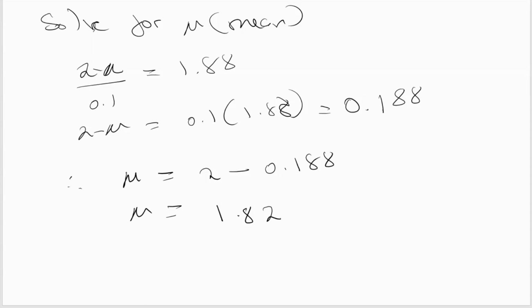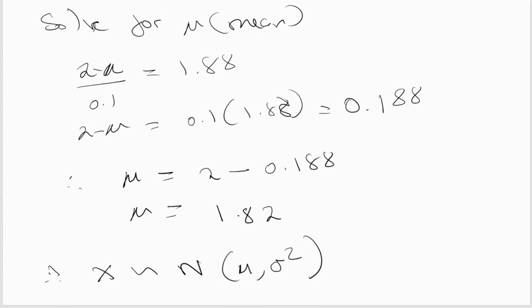So now what do we do with this? Now we need to rewrite x, remember, with mu and sigma squared. We now know the values.